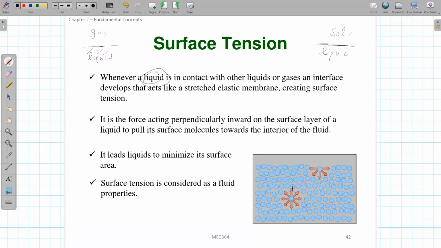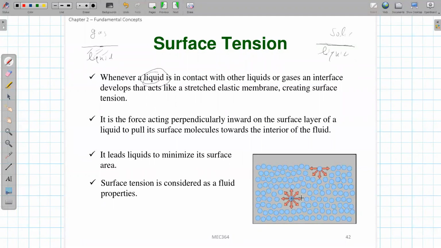If you look at a molecule inside of the liquid, this molecule will receive either attraction or repulsion force from the surrounding molecules from all directions, everywhere, 360 degrees.